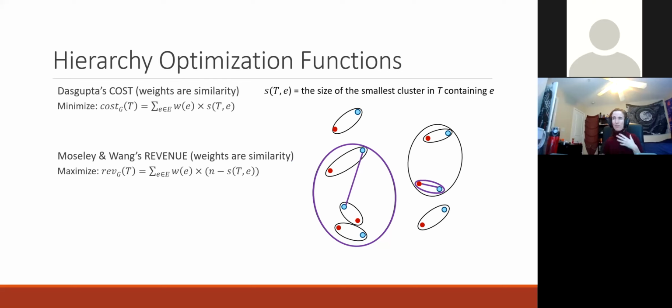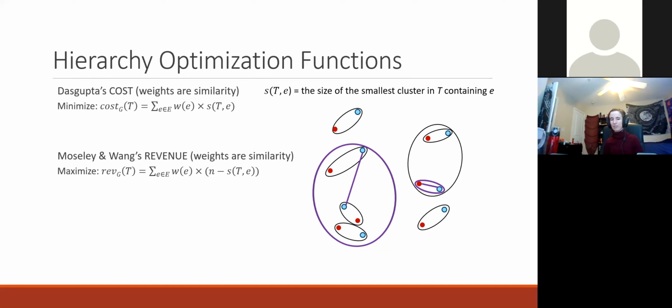So one might realize pretty immediately that cost and revenue are dual to each other. So the hierarchy that optimizes cost is also the hierarchy that optimizes revenue. So obviously both of these problems are going to be NP hard together. However, they approximate differently. Revenue is constant factor approximable. We know a number of algorithms that do this, most notably average linkage, which is a very popular algorithm in hierarchical clustering.